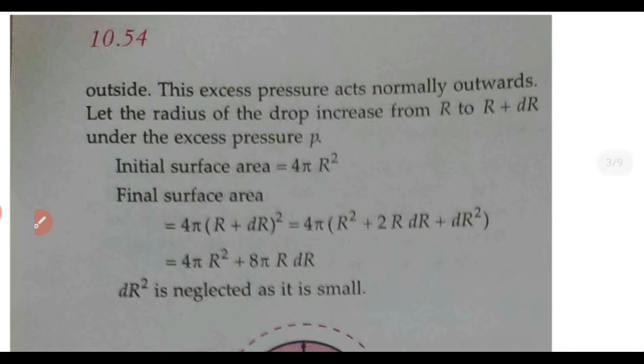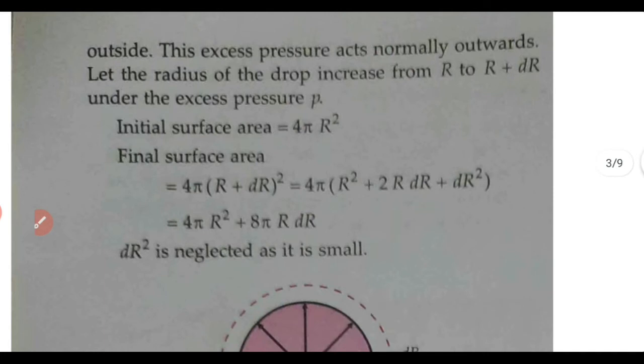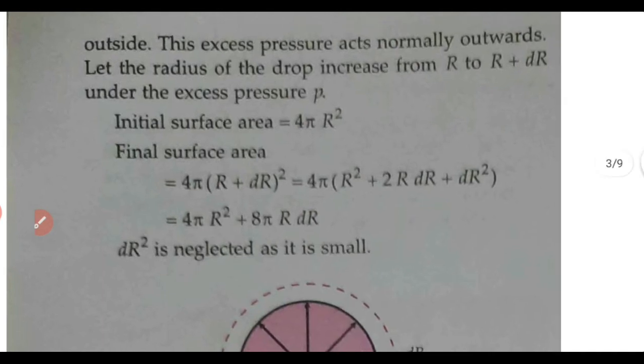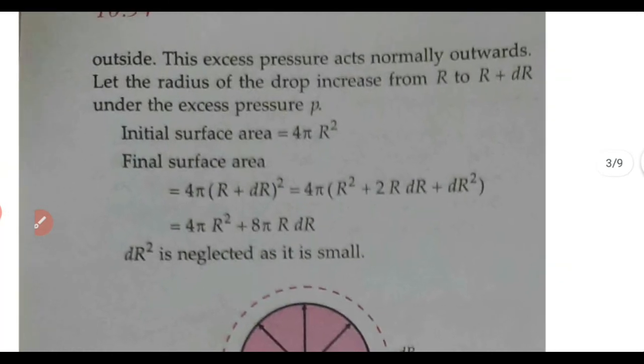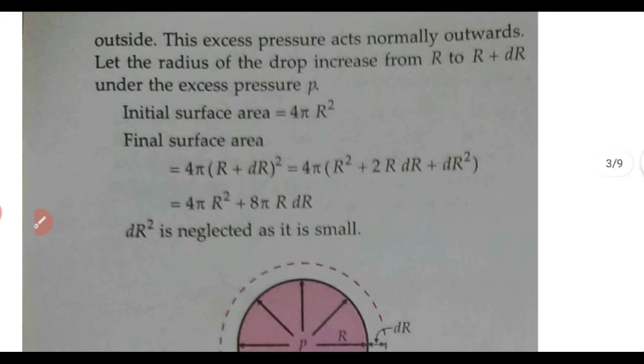We can take the initial surface area, we know it is 4 pi r square. When the radius increases to r plus dr, the new final surface area becomes 4 pi into r plus dr whole square. So we have 4 pi into r square plus 2r dr plus dr square.